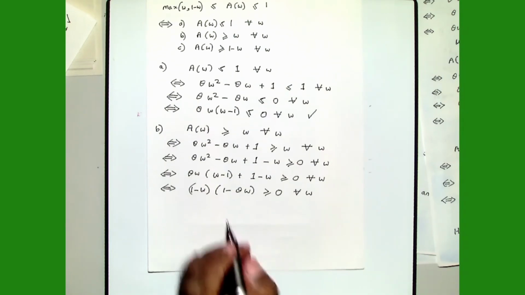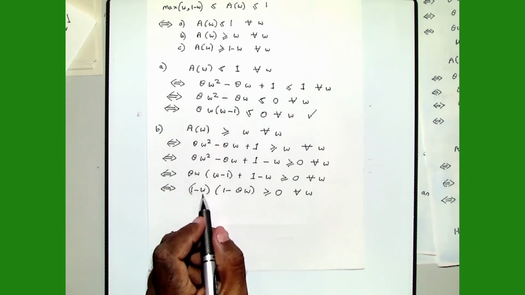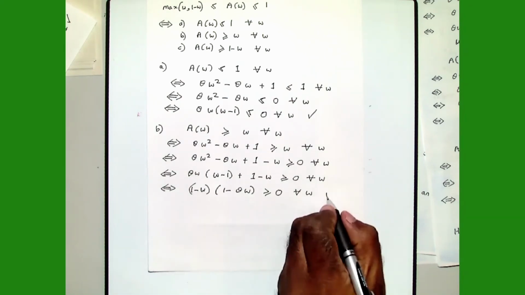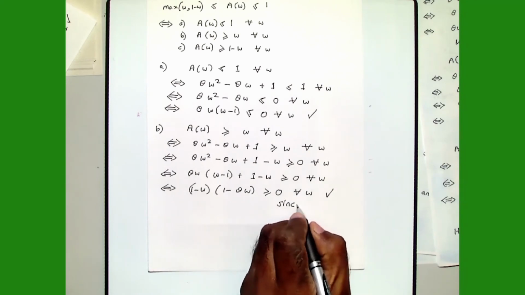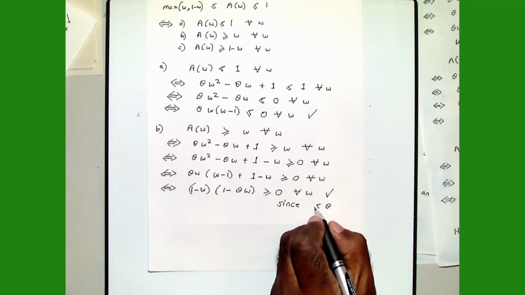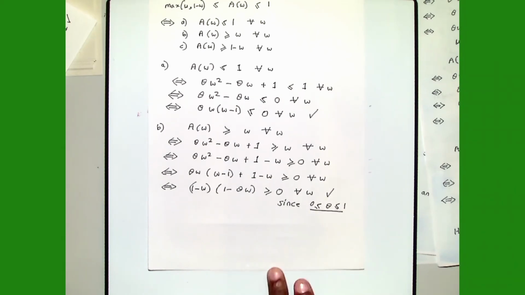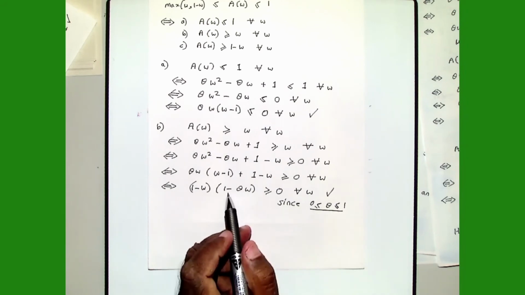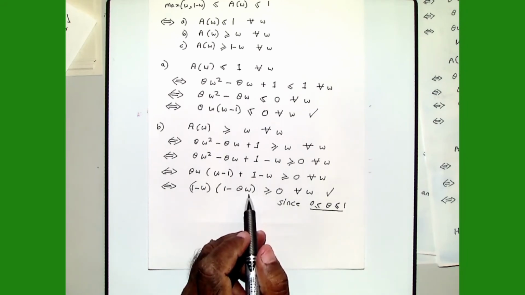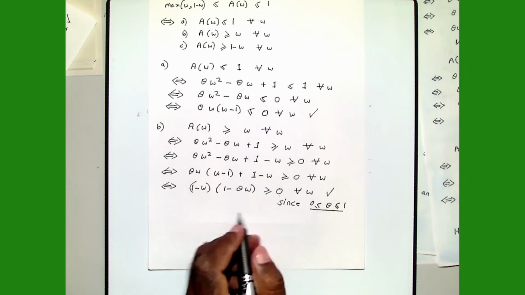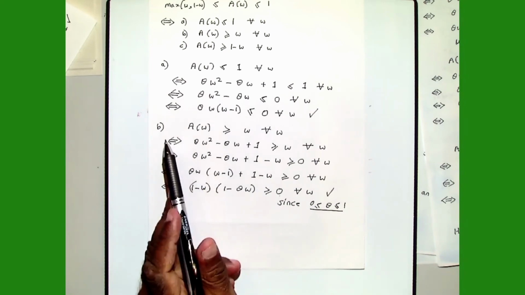Right. Now this is true because W is a number between 0 and 1, and theta, by the way, I should have said that theta is a number between 0 and 1. The question must have said this, my apologies for not saying that earlier. So theta W must be a number between 0 and 1 too. So this whole thing must be greater than or equal to 0, all right? So we have proved Part B, all right?